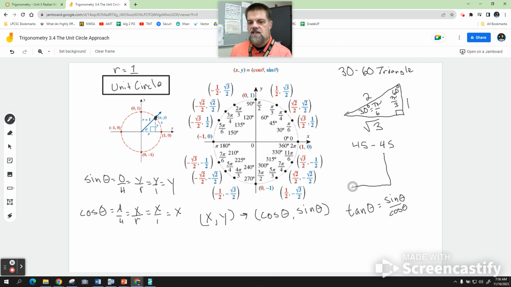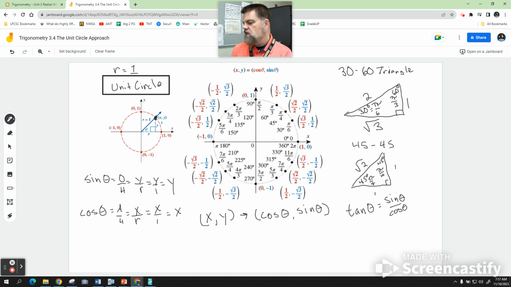It's an isosceles triangle, where this angle is 45 degrees, as is this one. But that's also pi over 4 if we do the conversion. And the ratio there is 1 to 1 to square root of 2.